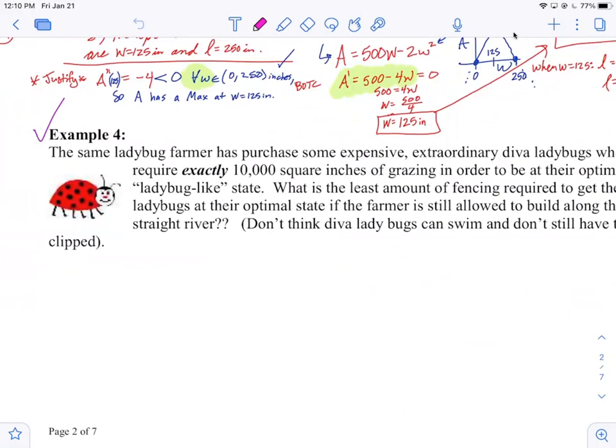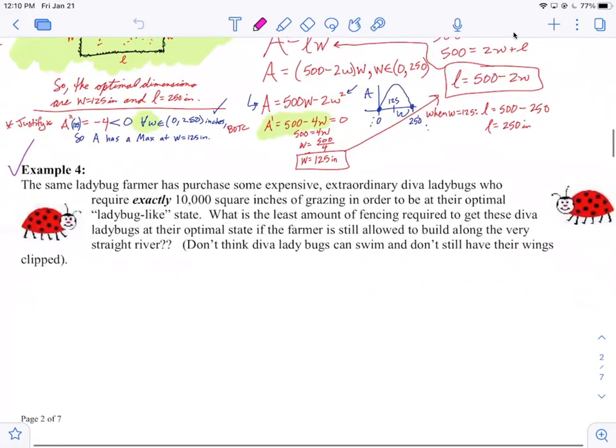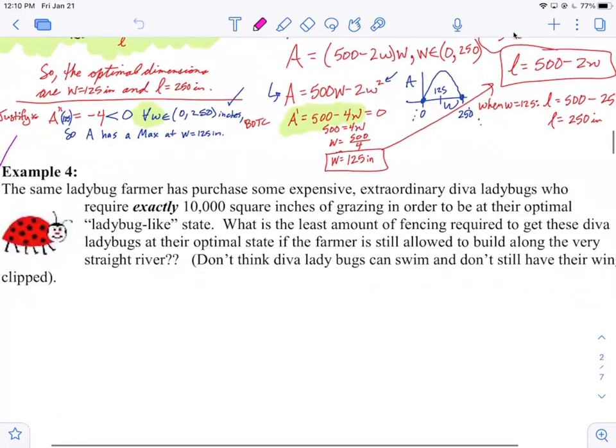I don't think I'll work all the way through it, but it's the same ladybug farmer, but now we're changing it around. He wants to enclose exactly 10,000 square inches. So in the previous problem, he had 500 linear feet of fencing, and that was the constraint. Here, the constraint is we need exactly 10,000 square inches of grazing, and he'll go buy whatever amount of fence he needs, but he doesn't want to buy more than he needs to.